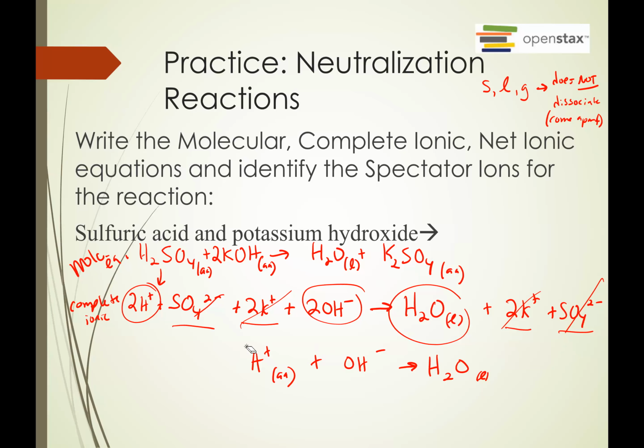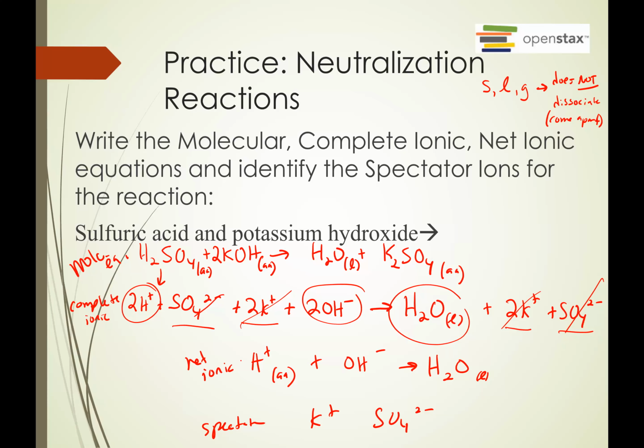And then we just net ionic that. Oh, you can tell our balancing's a little off. This is our net ionic equation. What did we cross off? K plus and SO4 2 minus. These are our spectators.